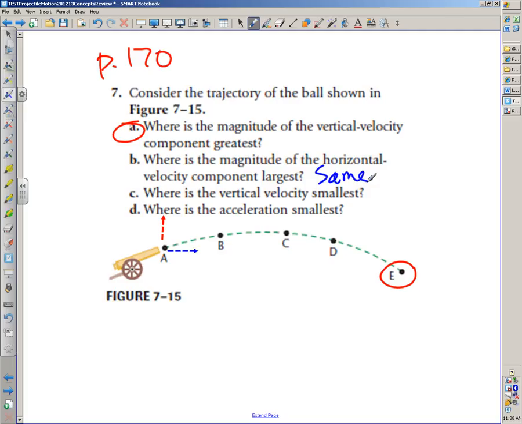You would have negative on one side of the curve, but that doesn't mean it's bigger or smaller, that just means it's moving up or down. It's physics, not math. It's different. Negative 2 is bigger than positive 1. So it is asking for magnitude. It's asking you where the velocity is the greatest, or smallest.